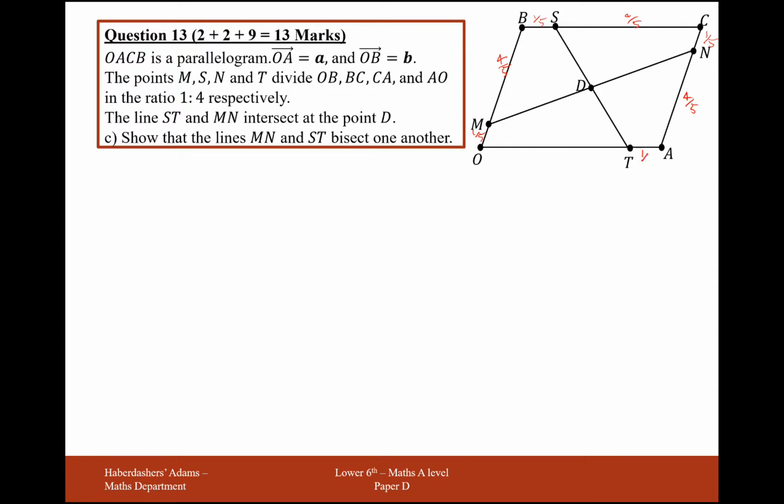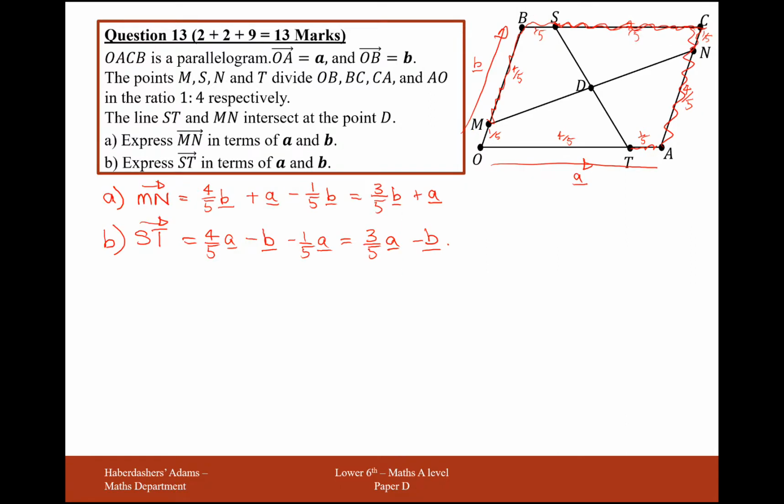So what I'm going to do in this question here is I'm going to find two different ways. So the strategy is find two different paths from O to D using what I've found so far.